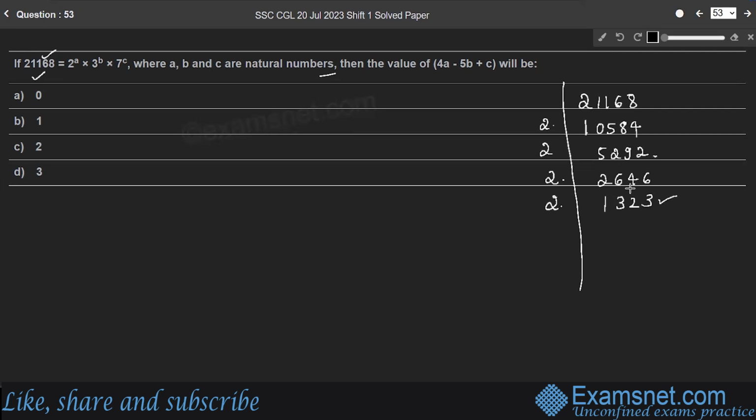So let us check the divisibility by 3. 3 plus 1 is 4, 4 plus 2, 6 plus 3, 9. So the number is divisible by 3, right? Since the number is the product of 2 raised to, 3 raised to and 7 raised to, express the factors as 2, 3 and 7 as much as possible. So 3 into 4, 12. Again 4, 3 into 1.